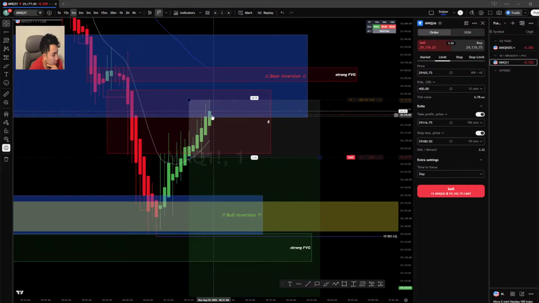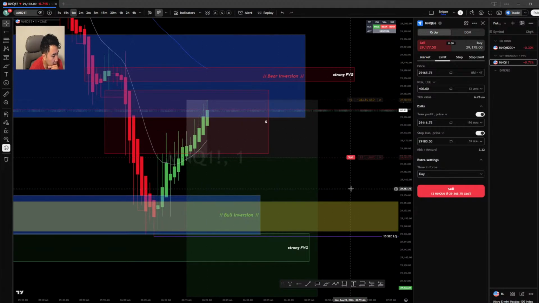What I'm waiting for is a candle close below this 13 EMA for a possible entry.